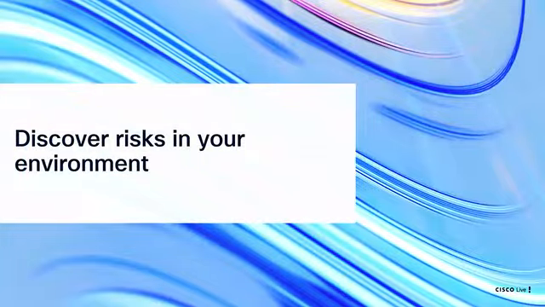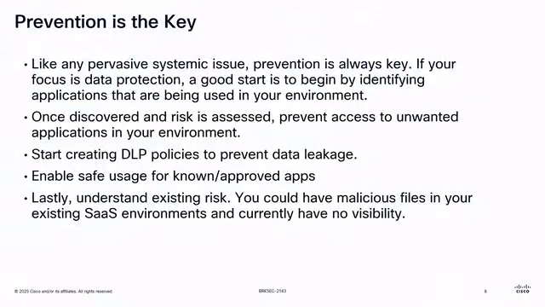So the first thing you want to do is start at discovery, and that's something we always talk to our customers about. You may have heard us talk to you directly about this. If you already have a posture for DLP, some of our customers come to us and say, look, we have a mandate by our CTO office, or CISO office, to implement DLP.